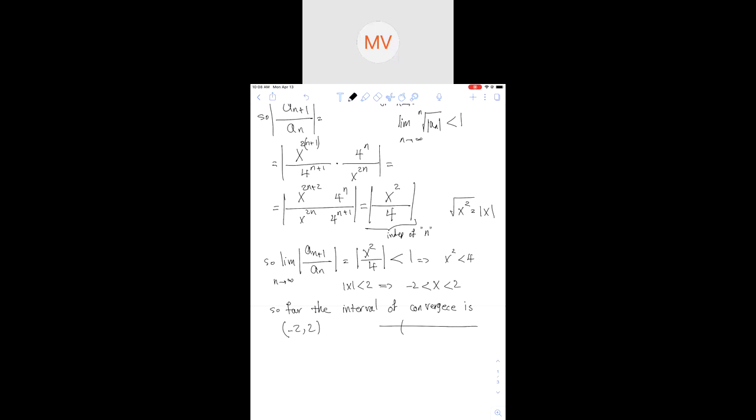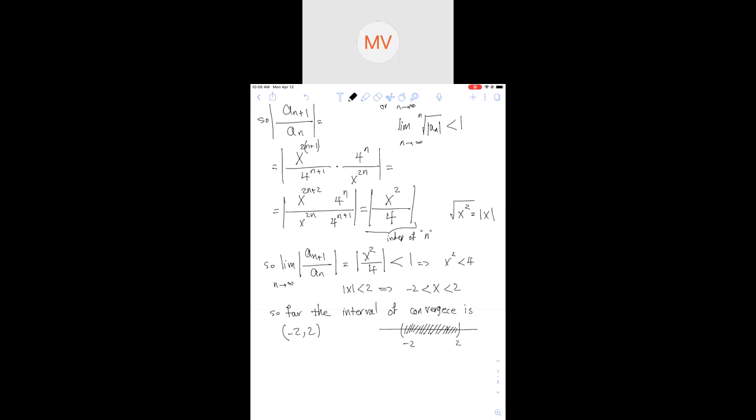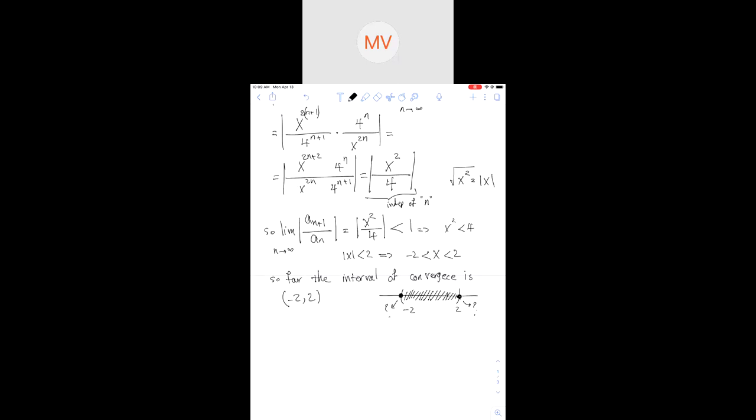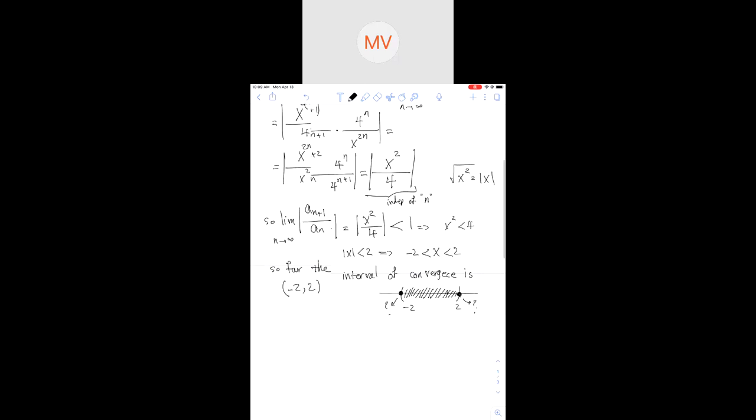That means for sure we know numbers between those two, exclusive, make that series converge. Of course, outside diverges. So the only two points left to check are the endpoints. We wonder, do we have to include the endpoints in this interval of convergence or not?